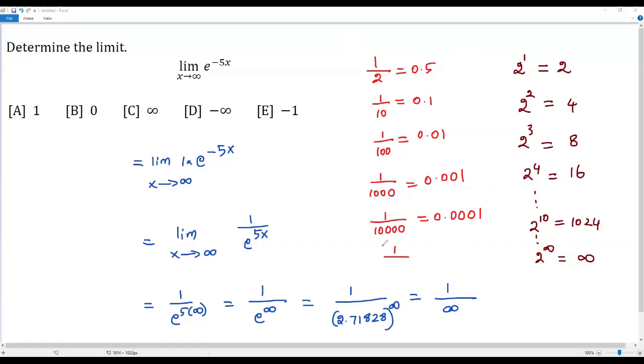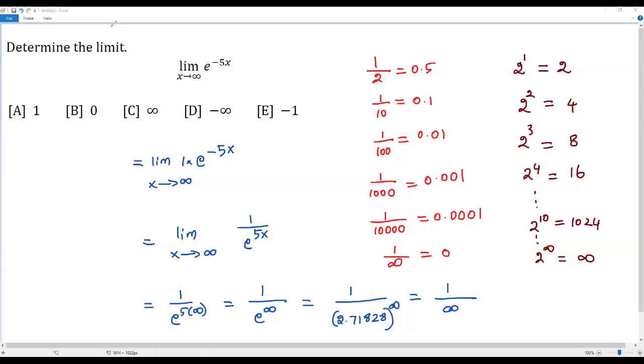So when I take a very large positive value, infinity, as the denominator, the value of the fraction will be close to 0.